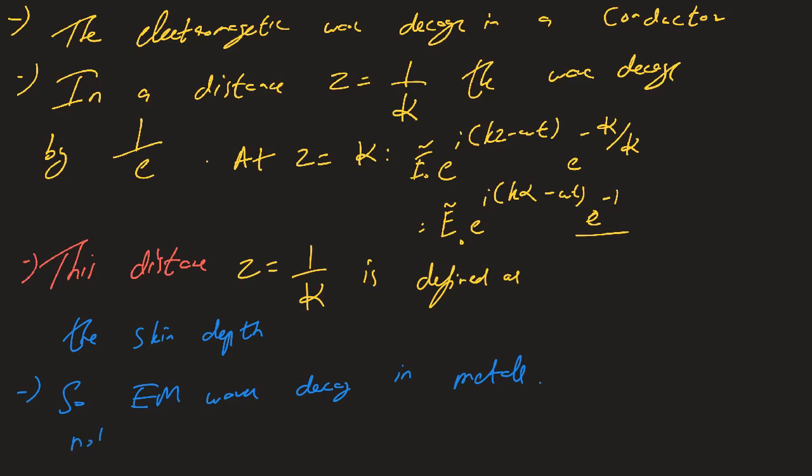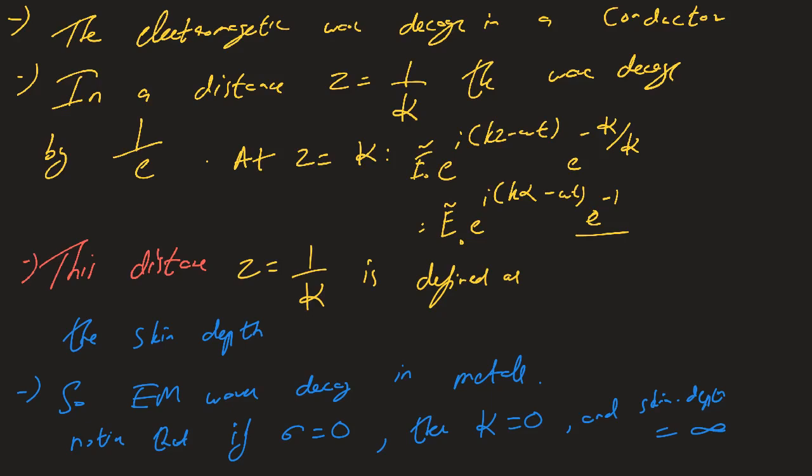Now notice that if sigma is equal to 0, then kappa is equal to 0, and the skin depth is equal to infinity, ठीक है, which is really cool if you think about it, ठीक है ना.